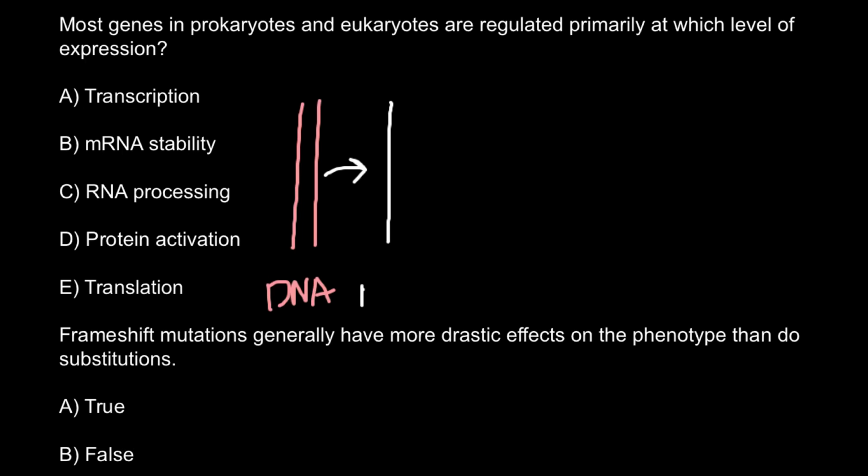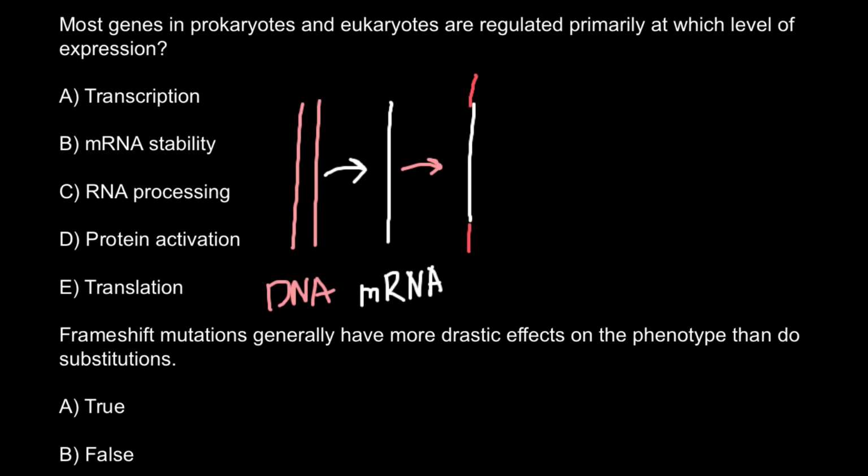So this is messenger RNA, and with the next step this messenger RNA would be processed, and two caps would be added. This is going to be the 5' end cap, and also a 3' end polyadenyl tail would be added.